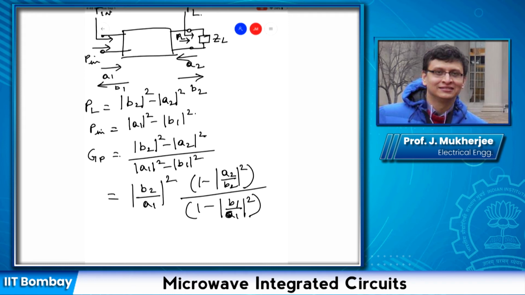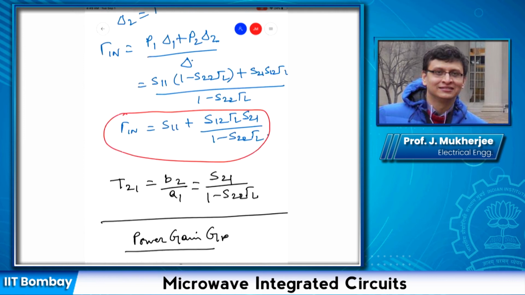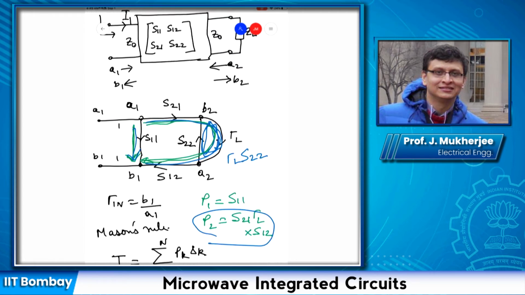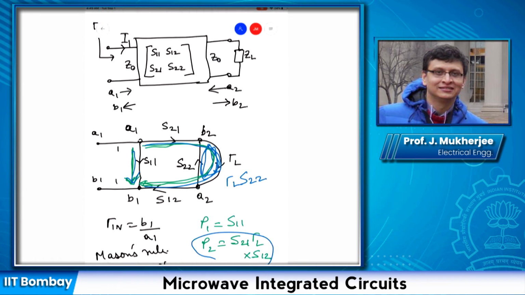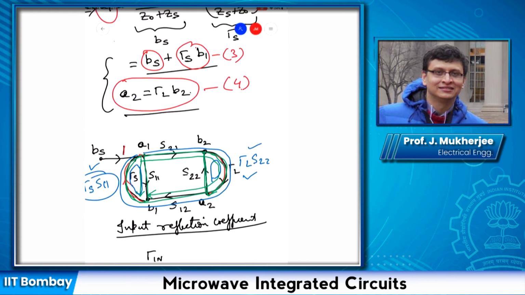Now, does this term look familiar? This A2 upon B2, what is it? If we go back to the equations we wrote a few minutes prior for a two-port network, we call the relationship between A2 and B2.